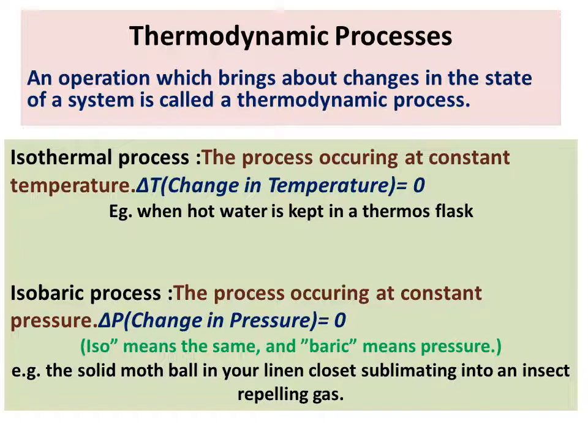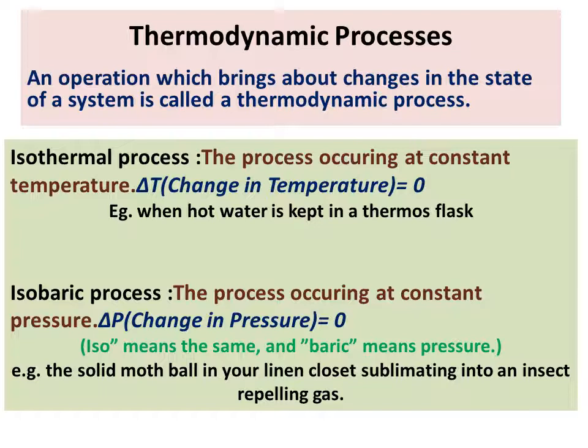For example, camphor. If you put a piece of camphor at room temperature, after some time you will see that the quantity of camphor has decreased. So what happened? You know that at normal room temperatures, camphor vaporizes from solid to gaseous state.